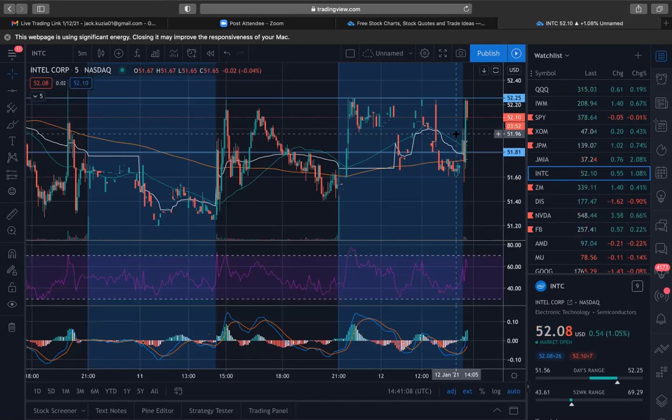You know what we're gonna go with? We're gonna go with the 122, so actually next week expiration 53 calls if it breaks. We're not entering right now, but that's what we'll pick up if it breaks.